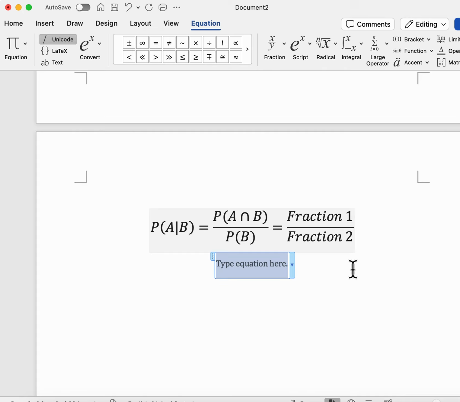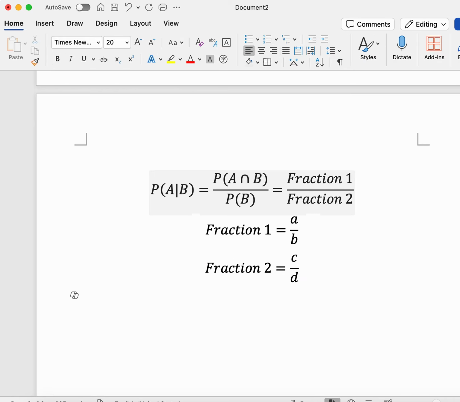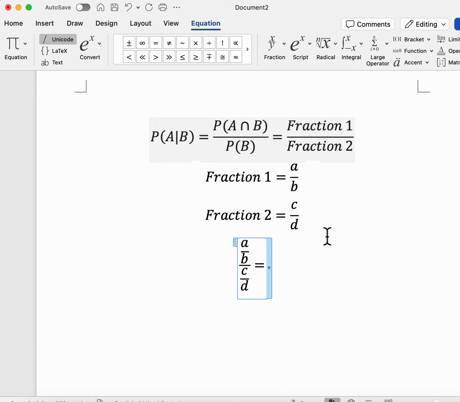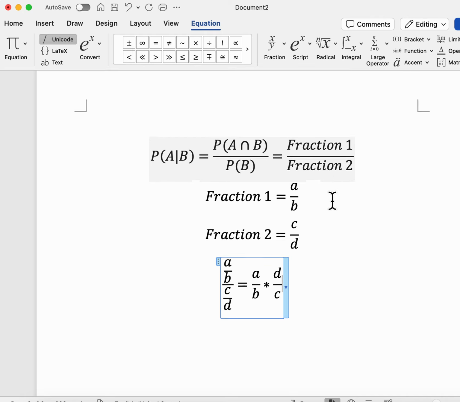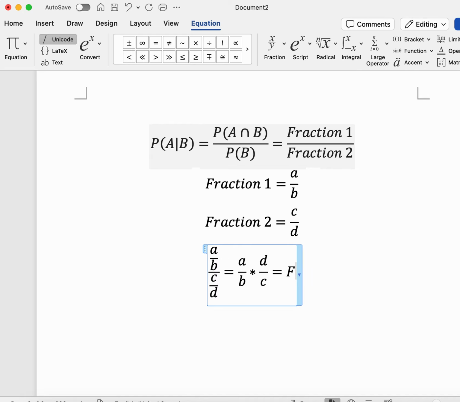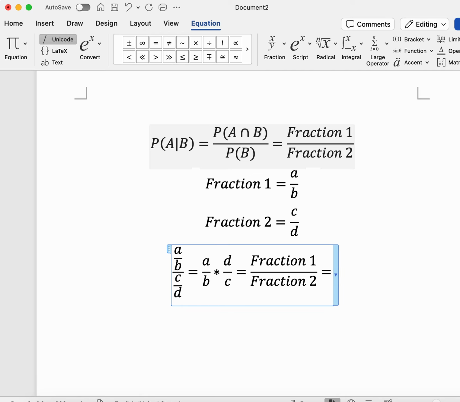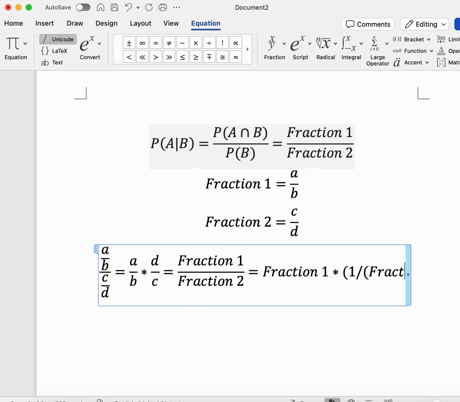Also, in algebra with conditional probabilities, it's very useful to use this fact from middle school math. Say we have fraction 1 equals A over B, where A and B are integers or whatever, and fraction 2 equals C over D. Then it follows that A over B over C over D is the same thing as keeping the original fraction the same, and then multiplying by this fraction flipped upside down, or the reciprocal of it, D over C. So fraction 1 divided by fraction 2 equals fraction 1 times 1 over fraction 2.